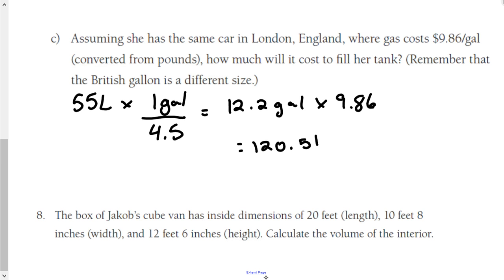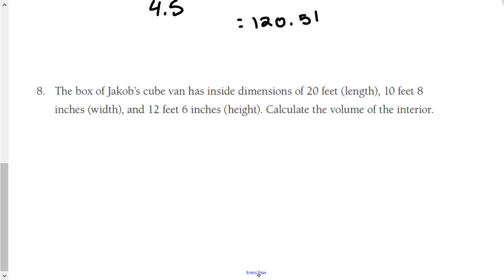Okay, the box of Jacob's cube van has inside dimensions of 20 feet, 10.8 inches, 12 feet. Calculate the volume of the interior. So volume of the interior, this is 20 feet, 10 feet, 8 inches. So this is 10.8.